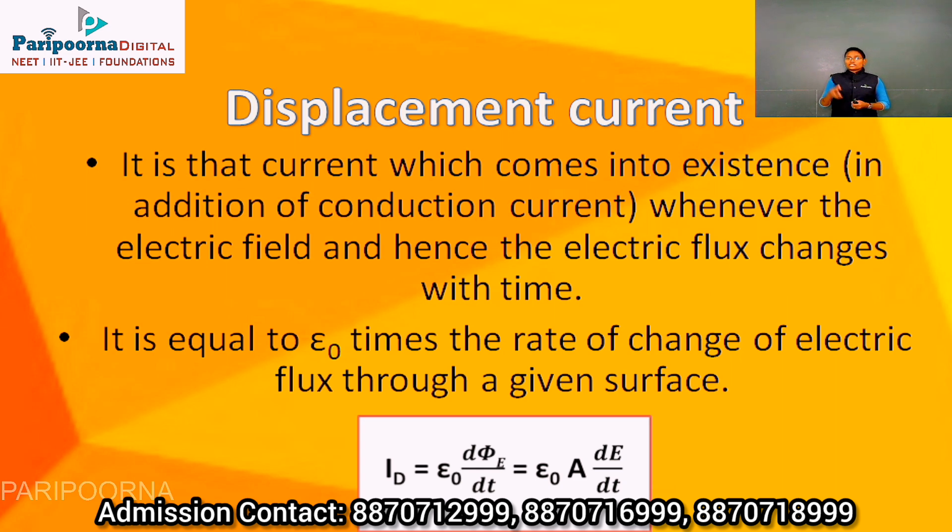It is equal to epsilon naught times the rate of change of the electric flux through a given surface. We can write the formula as I_D equal to epsilon naught d phi_E by dt, which is nothing but epsilon naught A into dE by dt.